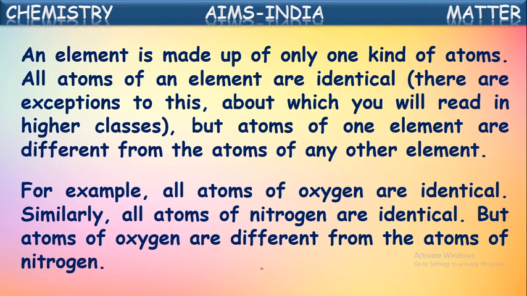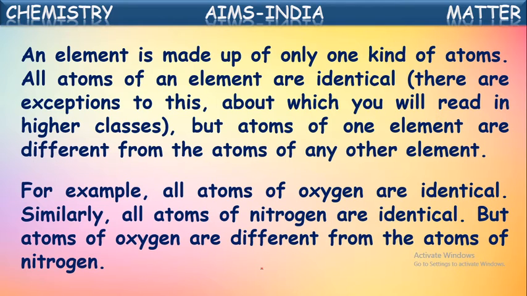For example, atoms of oxygen are identical, because if you take oxygen gas from wherever and observe the atoms of oxygen, they will all be similar to one another. Similarly, all atoms of nitrogen are identical. From wherever you collect nitrogen, the atoms of nitrogen will be the same.